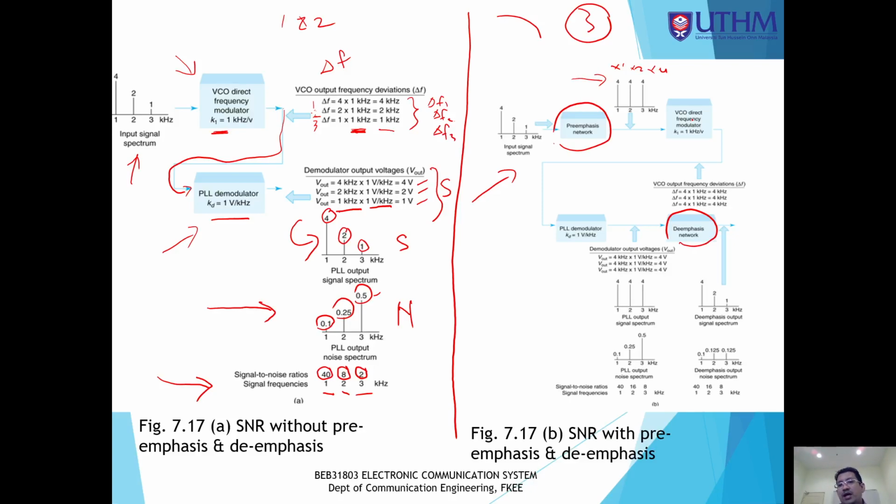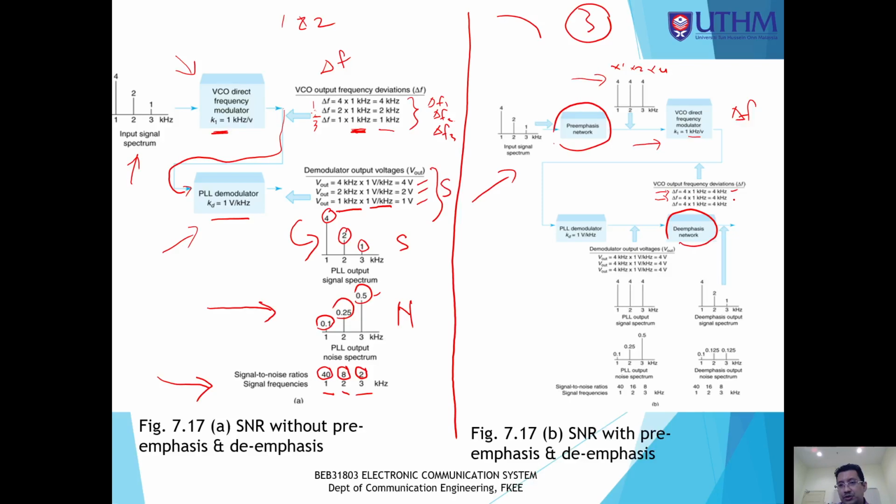It goes inside the VCO, and the output of the VCO is going to produce a delta F. How much is delta F? Delta F1 is equal to 4 volt multiplied with the sensitivity parameter 1 kilohertz per volt, so we get 4 kilohertz.